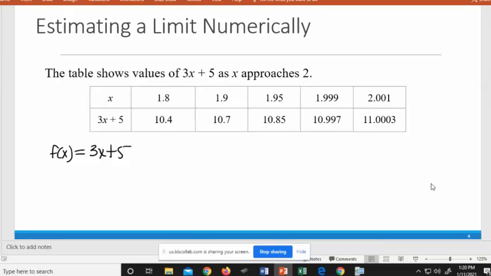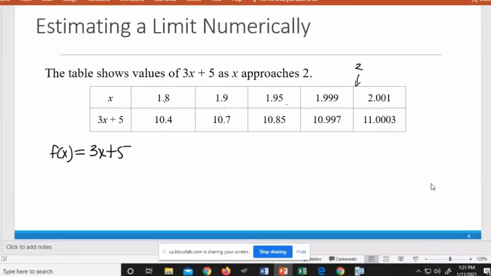Okay, and you can see as I'm coming from which side, the left or the right side, if 2 is right here? Okay, coming from the left at first, right? And we see that as x is approaching 2 from the left, 3x plus 5 is approaching 11. Got it? So does that make sense?